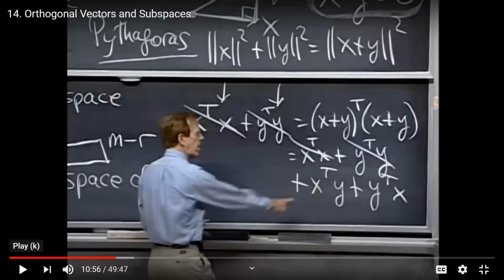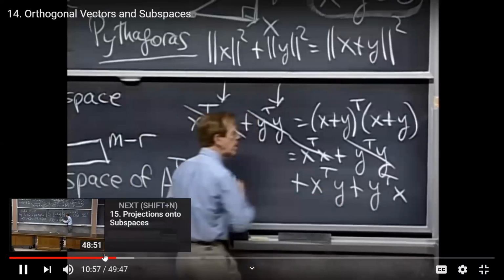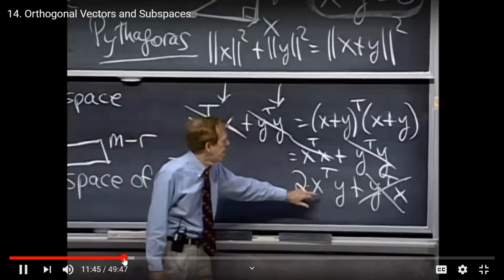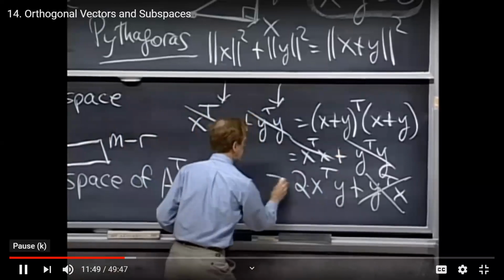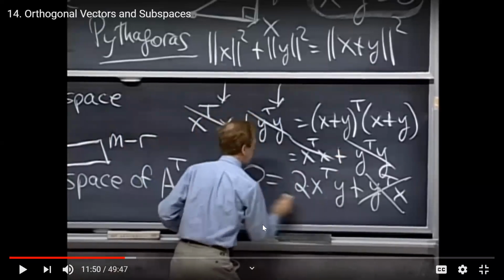So if you do look into this, you see that at the end of the day, from this Pythagoras theorem equation, we get 2 x transpose y equal to 0. Of course, 2 cannot be 0. So this 0 is actually coming from x transpose y, this particular number being 0.